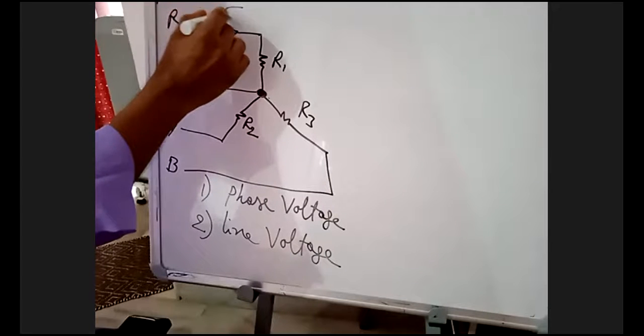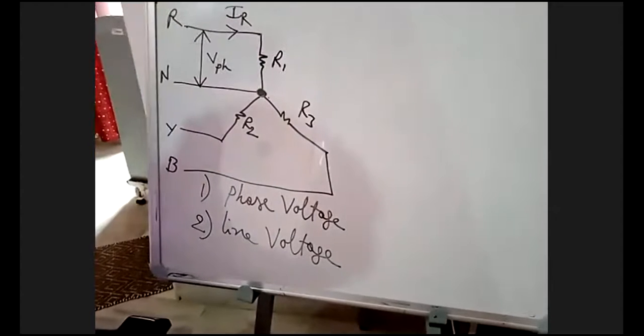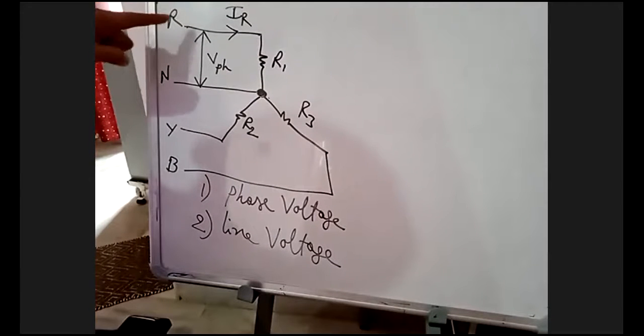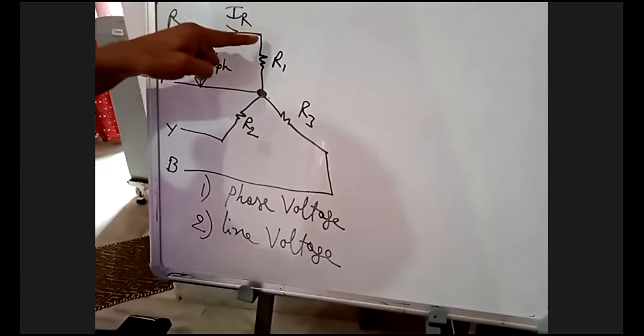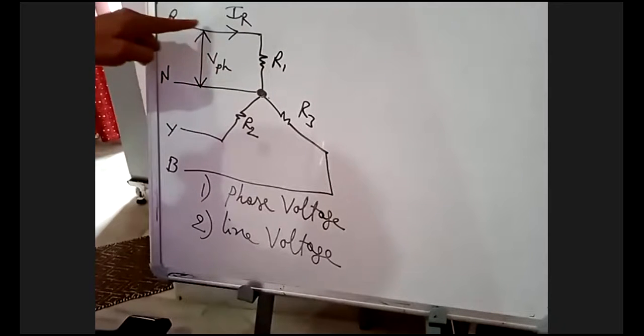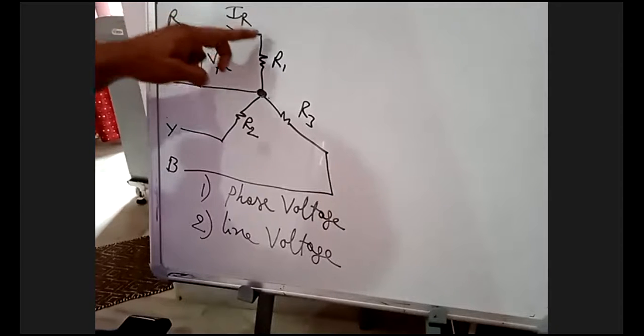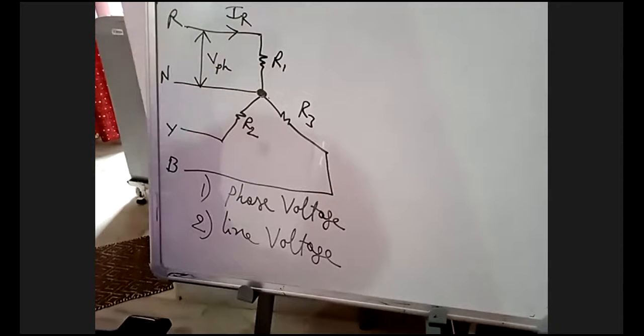Let us take the current flowing in phase R as IR. See the direction of current IR. It is flowing through R1, then through neutral, again through R like this. IR is the current flowing through R.